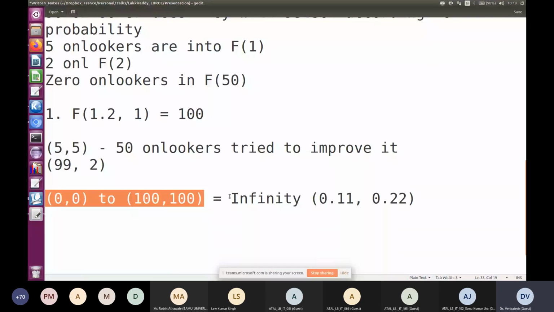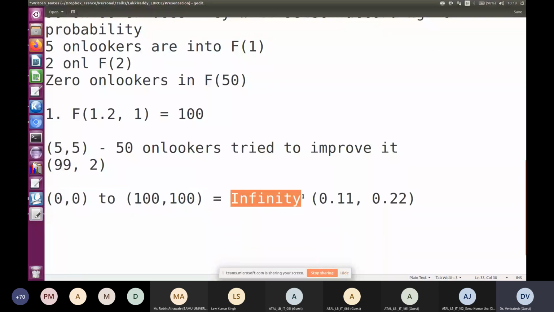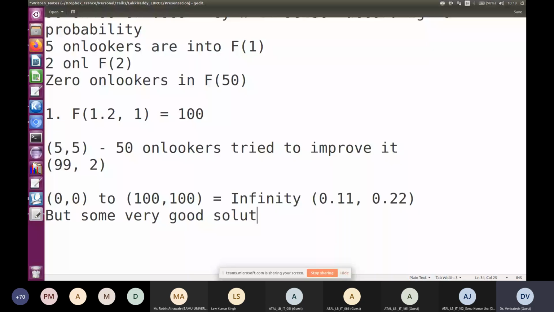If you do the exhaustive search process, you need to spend an infinite amount of time to find the optimal solution. But by using either the artificial bee colony algorithm or one of these techniques, you may not find the optimal solution, but some very good solution within a short time. That is the main advantage of this algorithm.